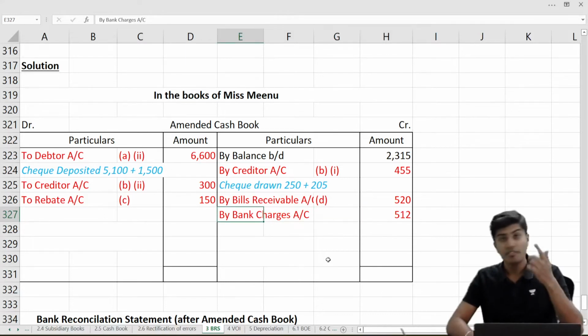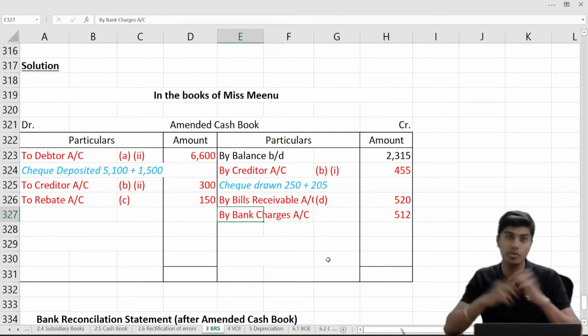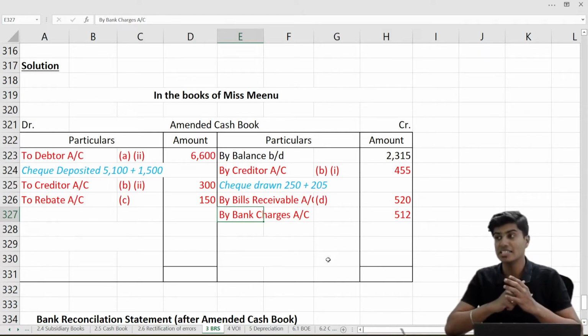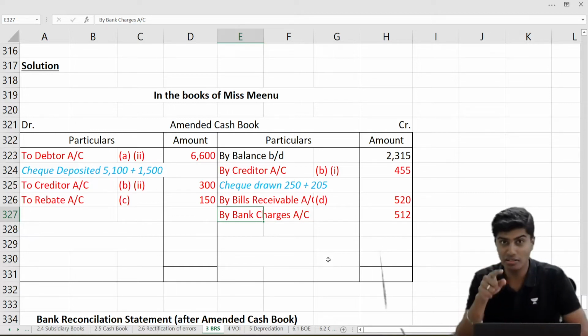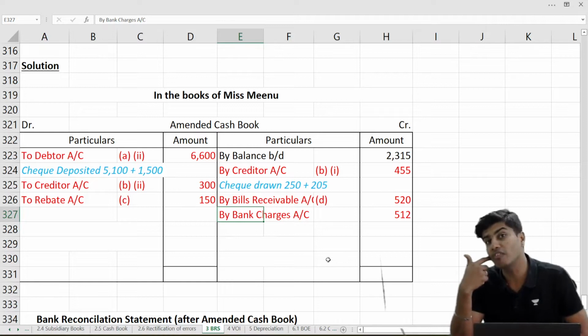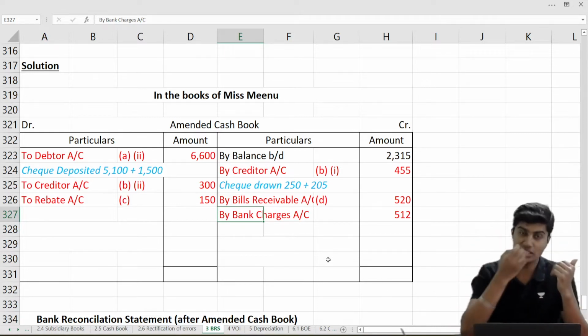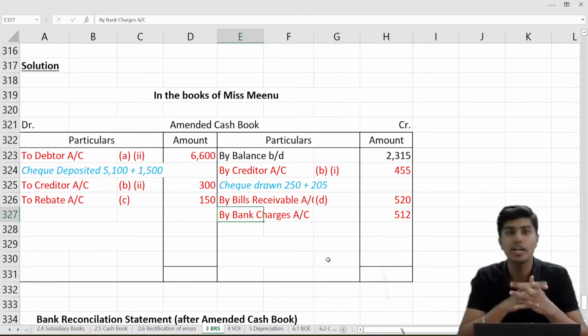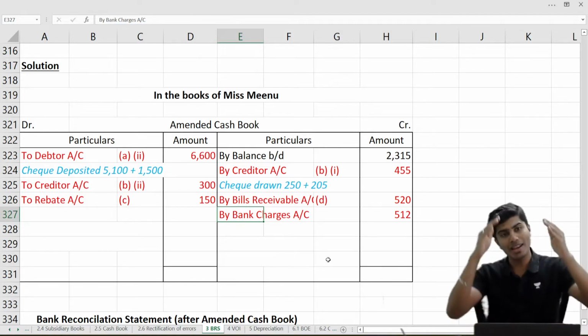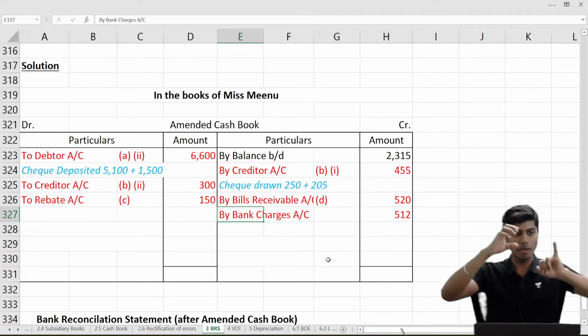You get it? 512 is the correct amount of bank charges not recorded in the cash book. We now recorded it. Next, in the passbook, the correct amount should be 512. They've wrongly recorded 521, meaning they've charged 9 rupees more. Once the bank realizes this, they would correct it themselves. So the passbook balance has to be decreased. Correct or not? Now the passbook balance is gone.